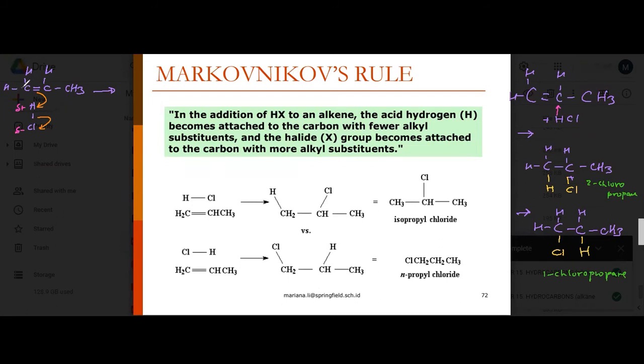This is the first C, this is the second C. It is the first C, right? The first C only attaches to 2 H, while the second C attaches to 1 H and 1 R. So the fewer alkyl substituent is the first C. So hydrogen will go to the first C.